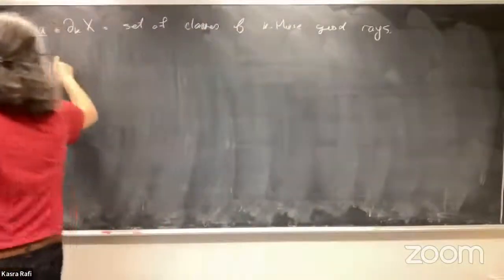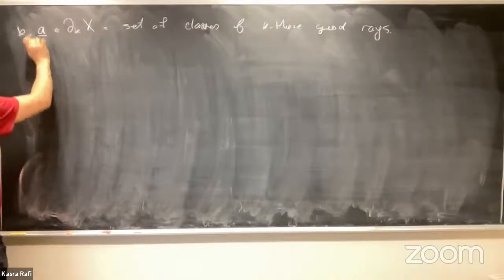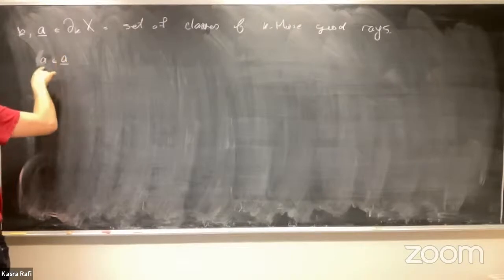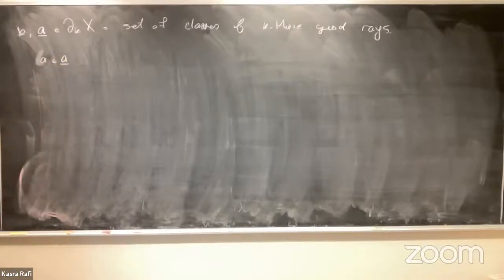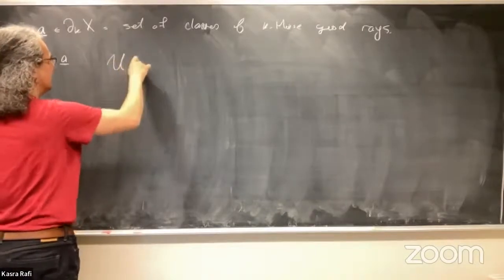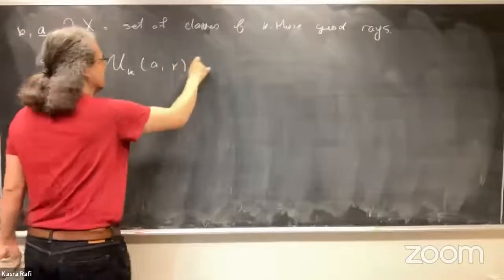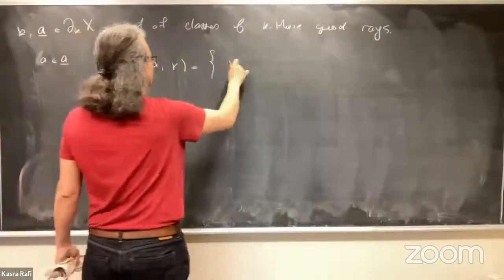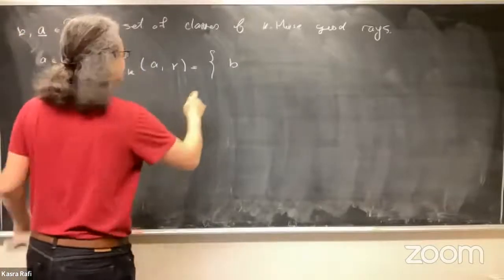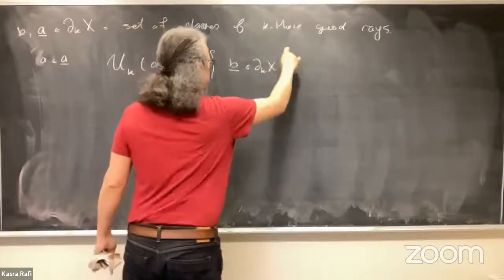So I will define this U set, and then I use it to define neighborhood. So like pick an A in the boundary. So this is the geodesic representative of this class, and then I define U kappa A R to be the set of classes B, right?